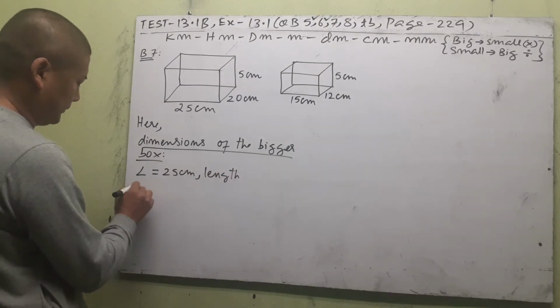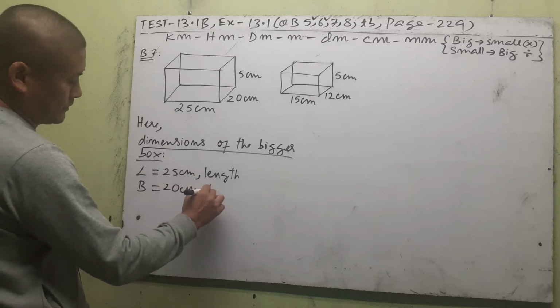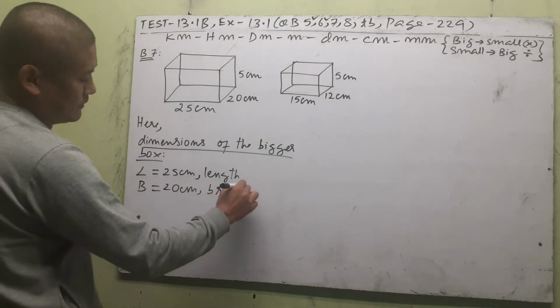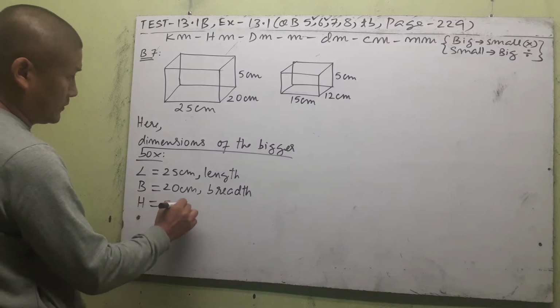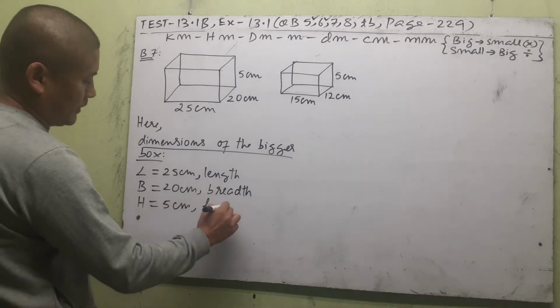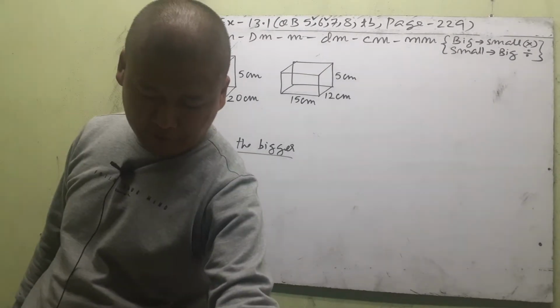B is 20 centimeter, its breadth, and H capital, let us say 5 centimeter, its height. Okay. So this is the dimension of each bigger box.